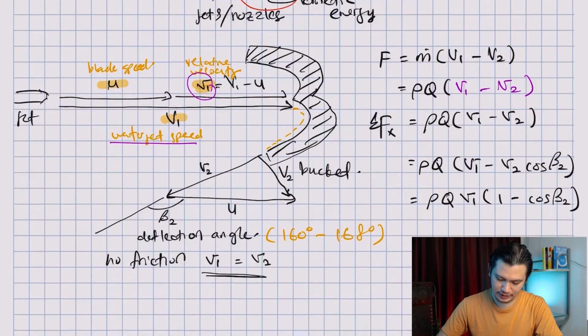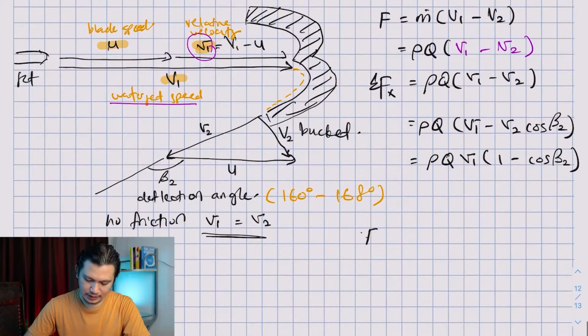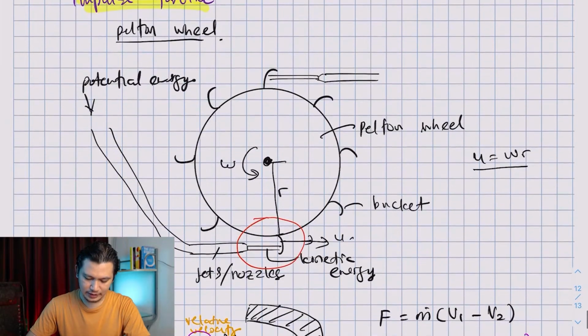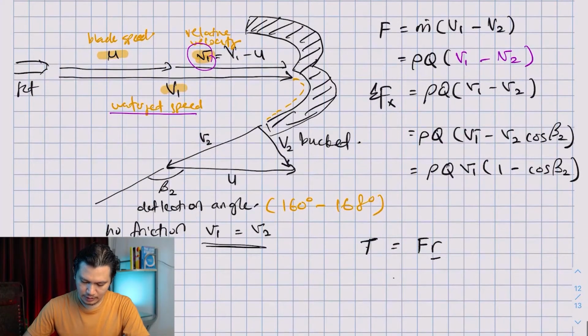Now that you have the force in x direction, how do we convert force into torque? Torque is simply force multiplied by radius. And where is this radius? This radius is here. That is the radius. So what we have now is rho Q R v1 (1 minus cos beta 2).